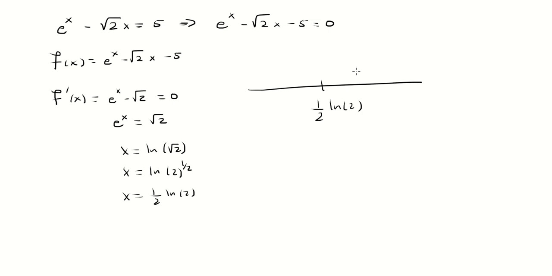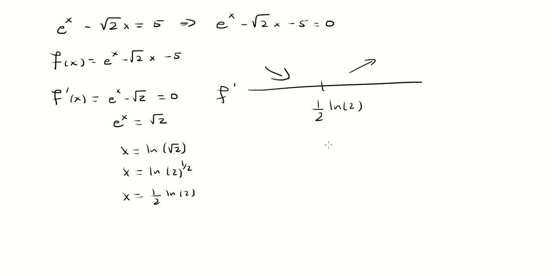So this is going to be positive. It's going to go to positive infinity. And if we pick a number that is less than 1/2 ln of 2, let's say 0, you plug it in here, and this is going to be negative. So it's going to be decreasing. So from the left, it's decreasing. From the right, it's increasing.